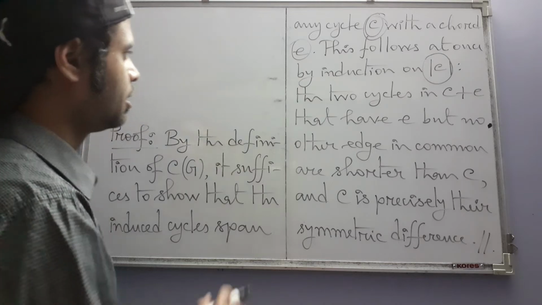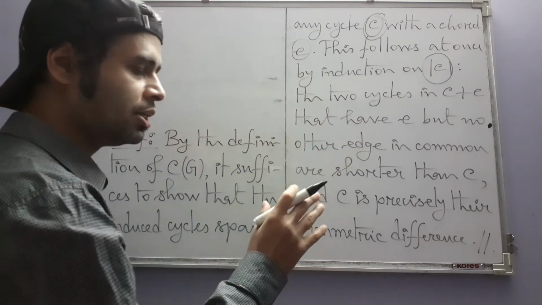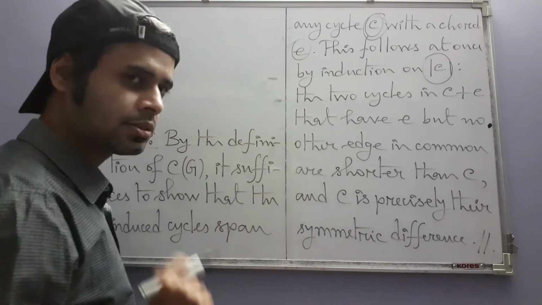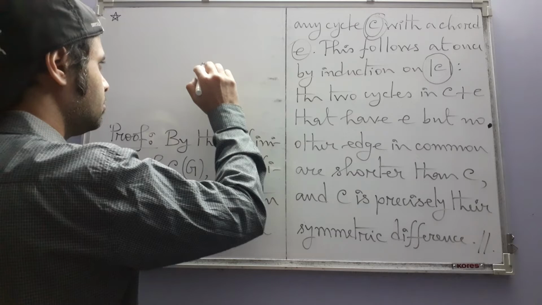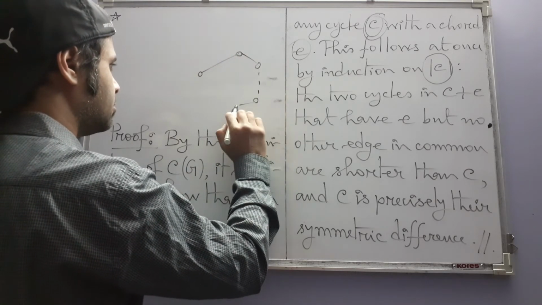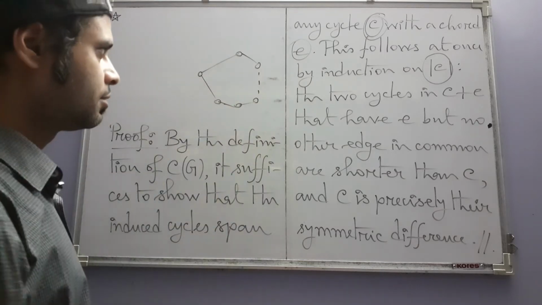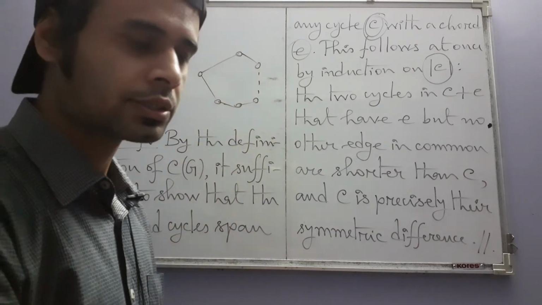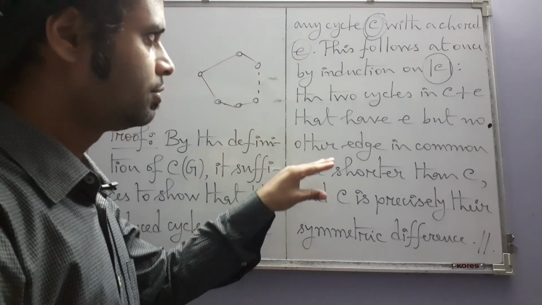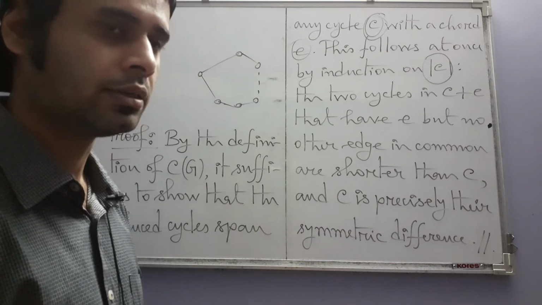So we consider a graph which has at least one cycle, so there will be at least one cycle having smallest size. Now you have such a cycle, say. We don't really know what its size will be, but there is one such cycle with smallest size. Can this cycle itself be a cycle with chord? No. Why?